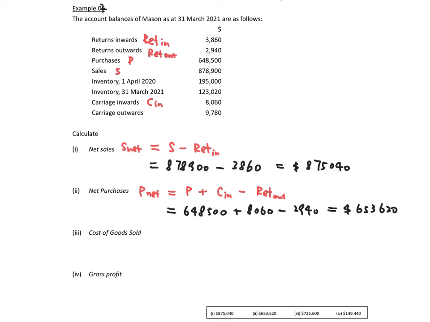And the last two, we will have the cost of goods sold. For the cost of goods sold, we have the opening inventory plus the net purchases, the new one, and then minus the closing inventory. So the earlier date is the opening inventory and the closing inventory will be the later date.